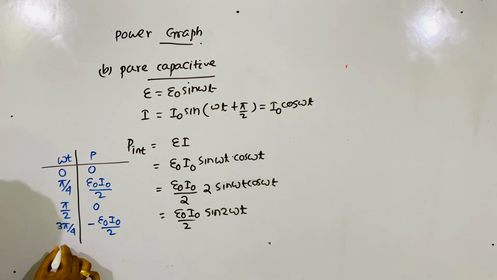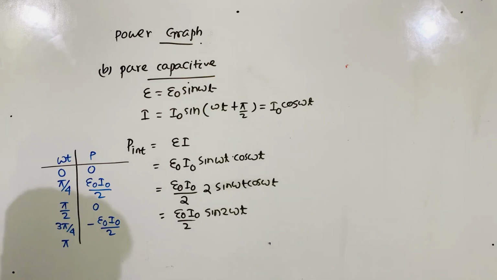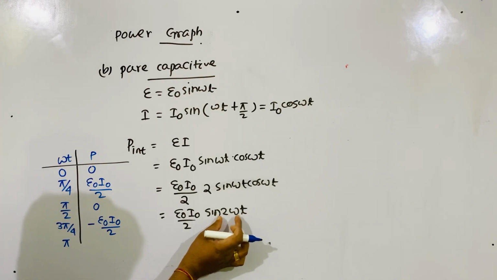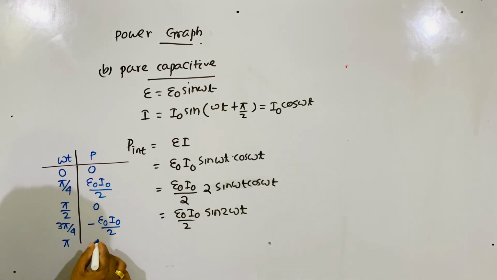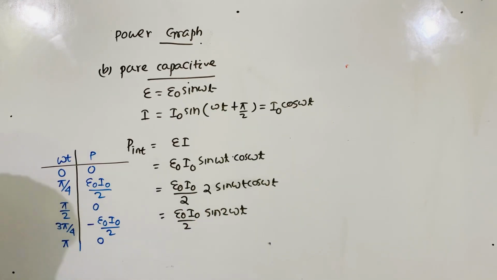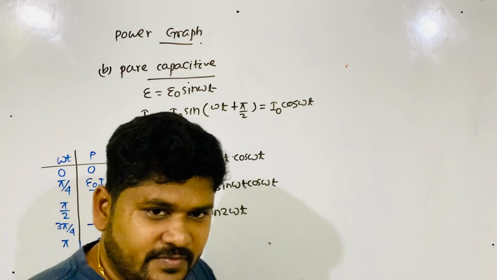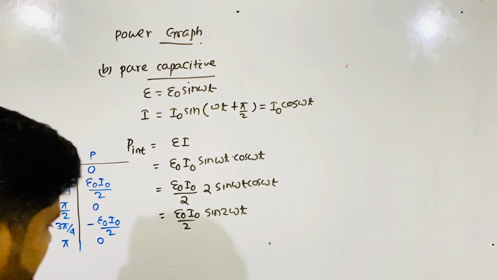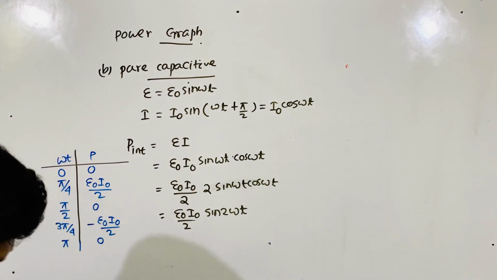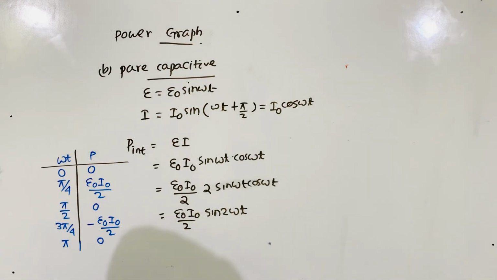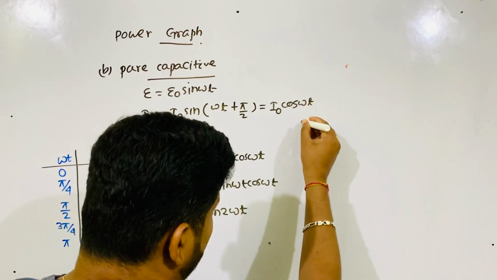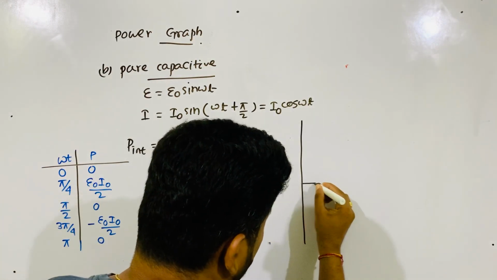Now comes pi, that is 180 degrees. If you take pi here, it will be sin 2 pi, which is 0. Up to pi we will do. We can also proceed further, but let's draw only up to pi. Now we'll draw the graph. See what an interesting graph is coming here.